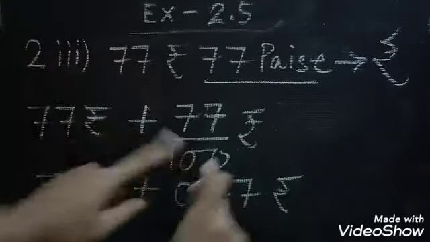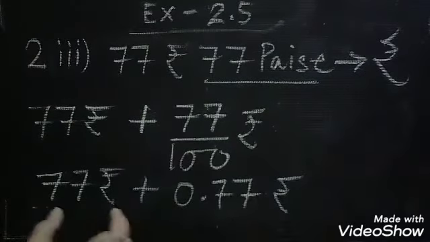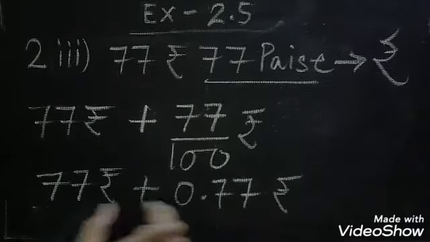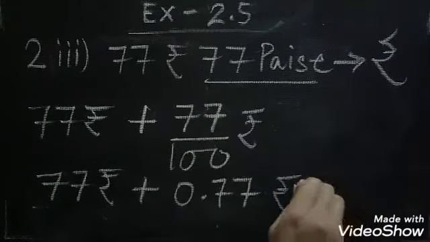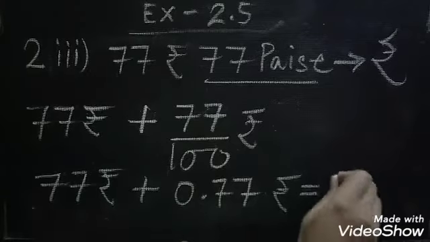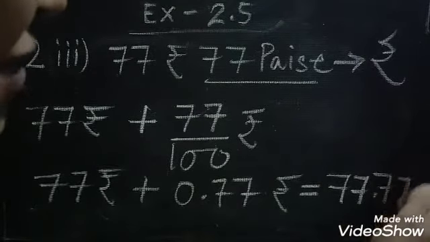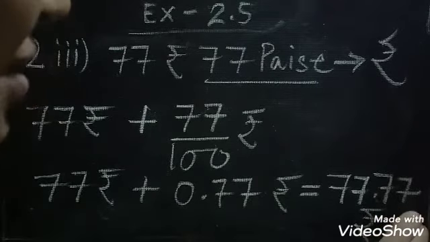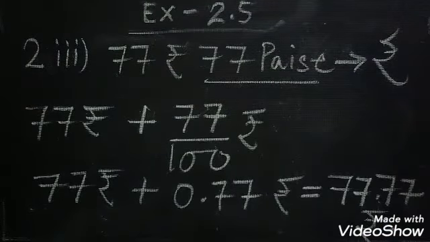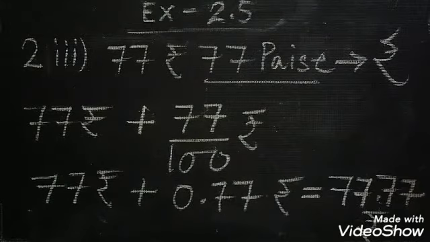This is your total rupees. Since both the entities are converted into rupees now, they can be added together to give the final answer as 77.77 rupees. So that is your question number 2, part number 3 done.